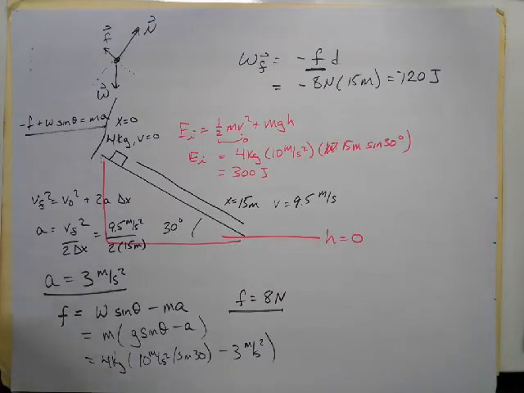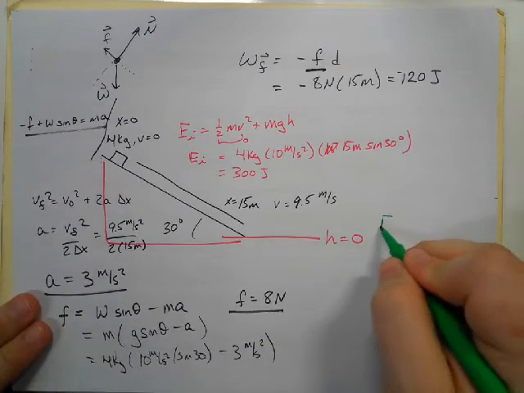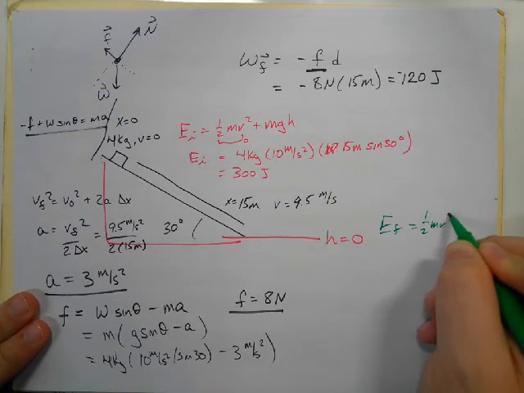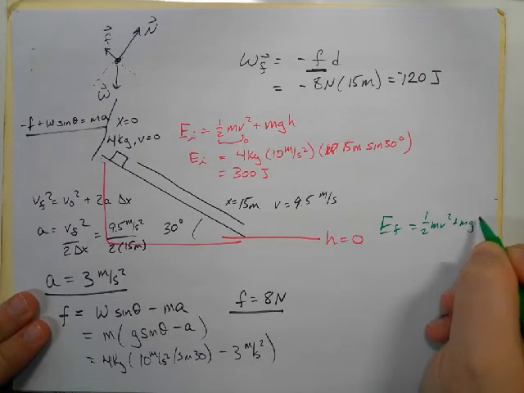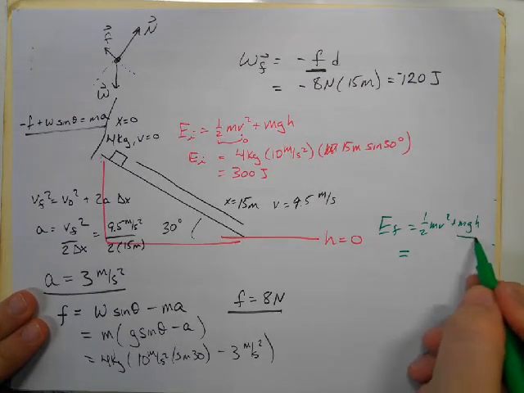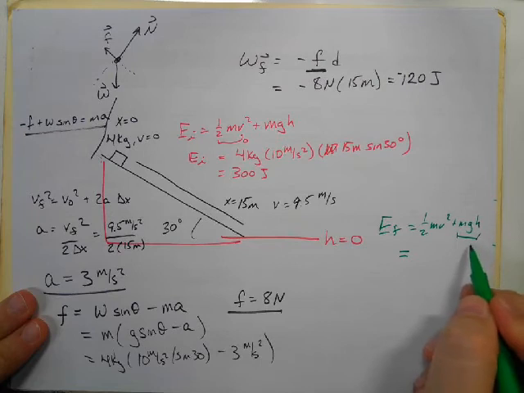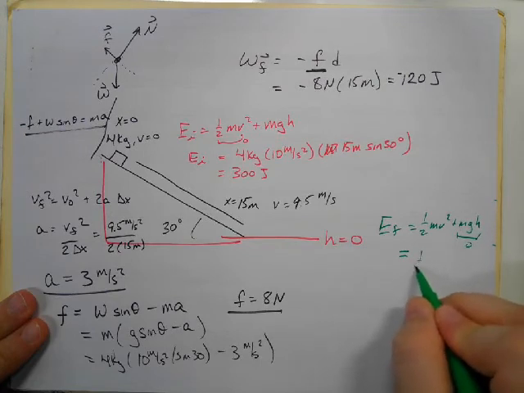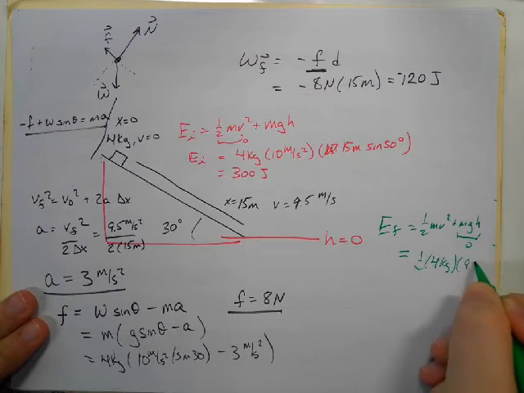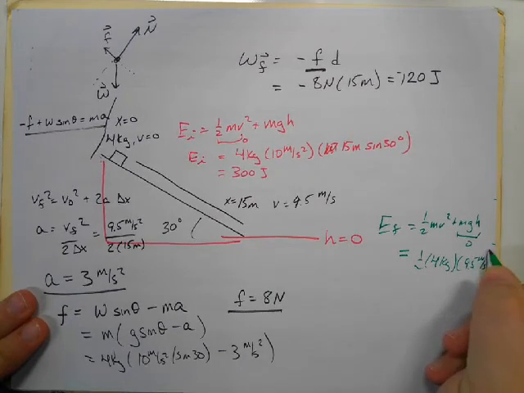Right? So how much energy do we have at the bottom here? I'll do that in green. E final is 1/2 mv squared plus mgh. Well, h here is 0, so that term goes away. We'll just have 1/2 times 4 kilograms times 9.5 meters per second, squared.